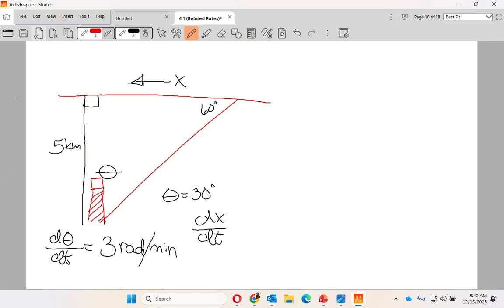So I know my problem is going to have this in it, and I should probably have this in my problem too, right? And what is that?